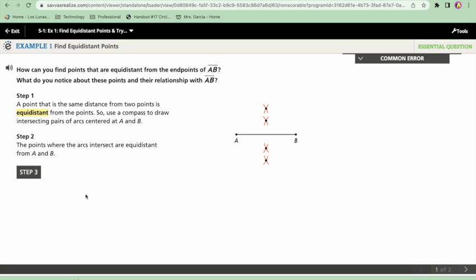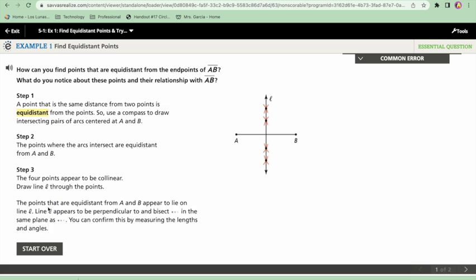The points where the arcs intersect are equidistant, and all 4 of these points appear to be collinear. So we can draw a line through them. And that's what we are noticing the relationship is between the points, is we can draw a line through them because they're all in the same line.